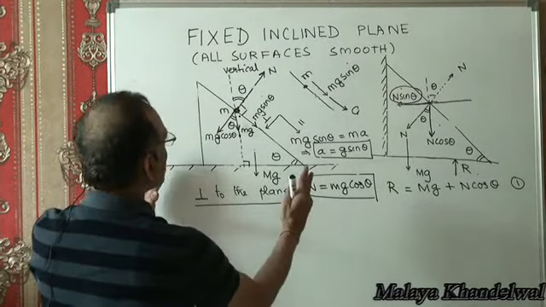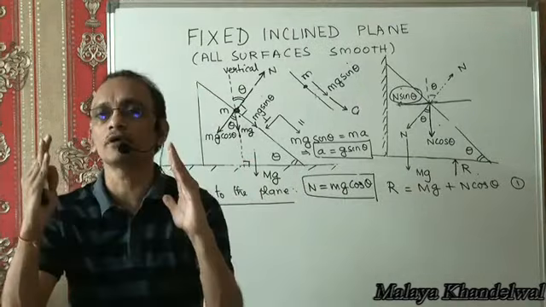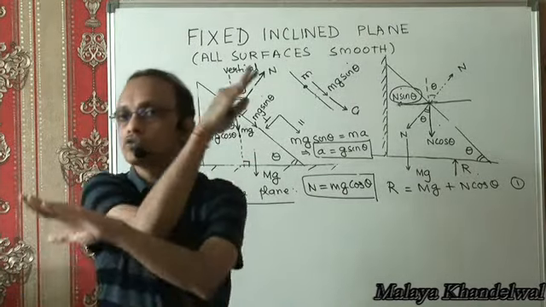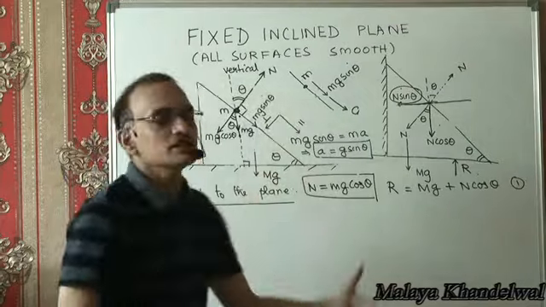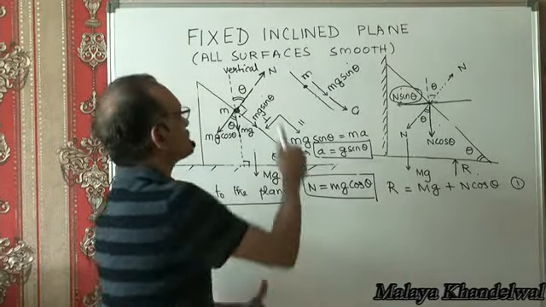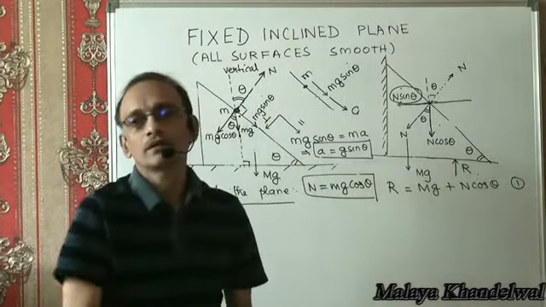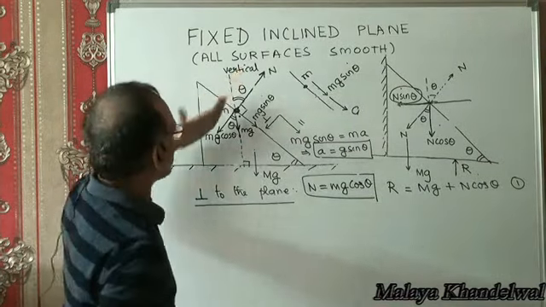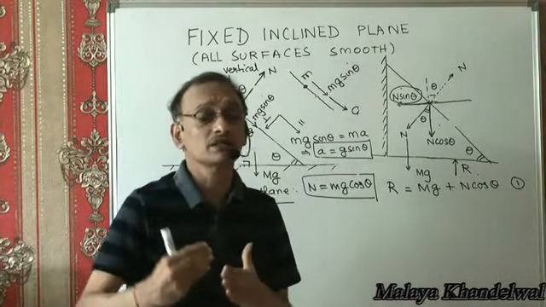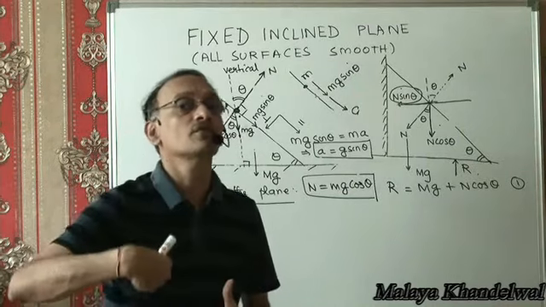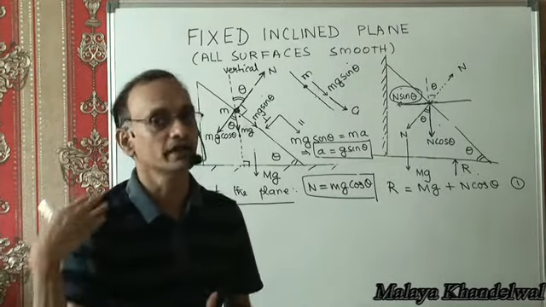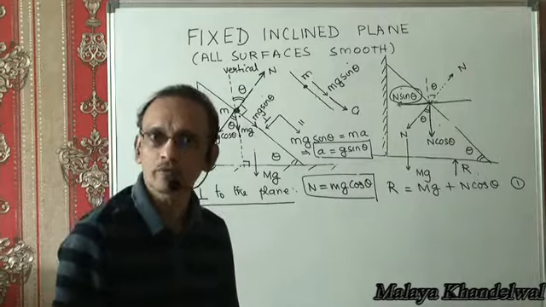But I hope all of you understand this very basic premise of a fixed inclined plane whose inclined surface is smooth. The acceleration of a particle parallel to the plane is g sin theta. There is no acceleration perpendicular to the plane. Acceleration perpendicular to the plane would have caused the mass small m to lose contact with the plane. Yes or no? Thank you so much.